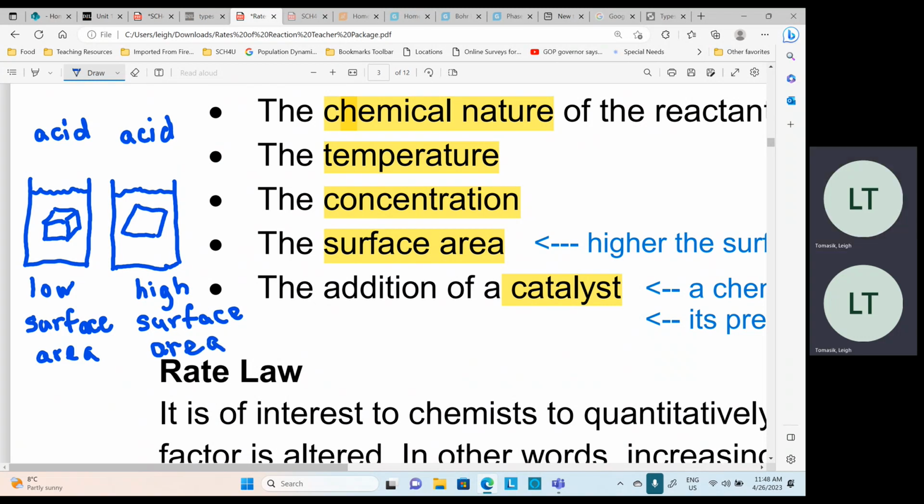In the middle of the block, there are some atoms that are not being touched by the acid. But almost every atom in the sheet, maybe all of the atoms in the sheet, if it's very, very thin, will be in contact with the acid. So the sheet with the higher surface area will react faster than the block with the lower surface area. So this will be a fast reaction, and this will be a slow reaction.